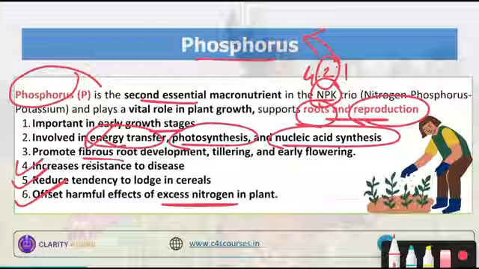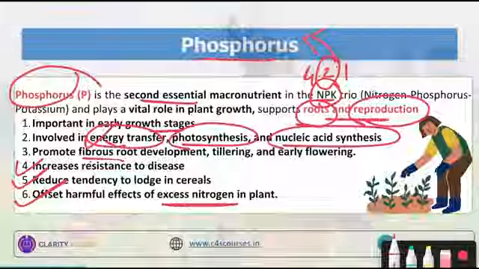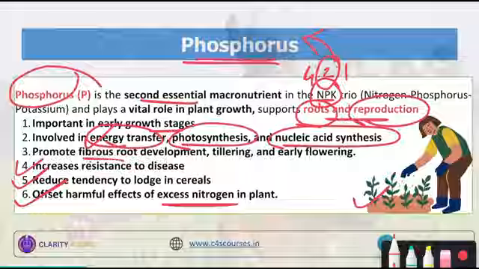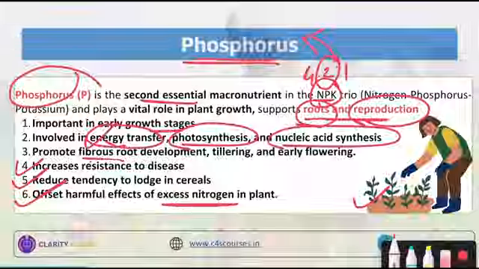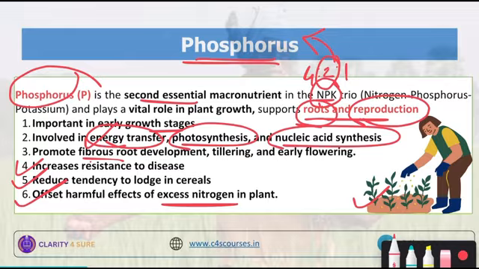With this fact, we as farmers want to give a sufficient amount of phosphorus to the crops, so there will be proper root development and proper flowering, which in turn gives us good yields.